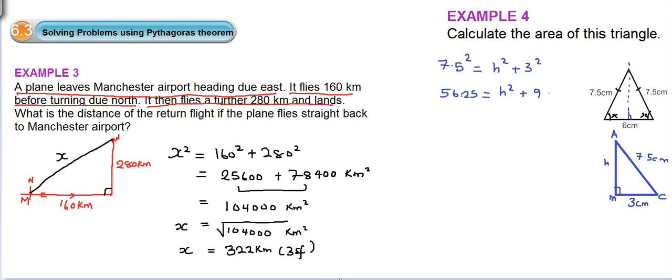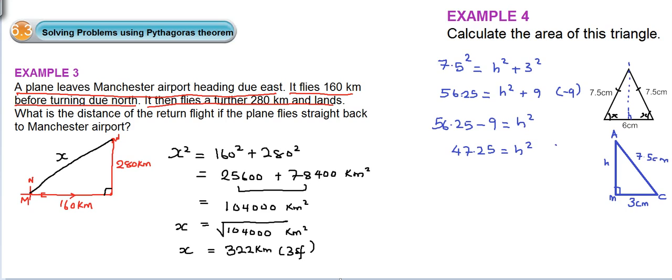Alright, let's rearrange to make h the subject of the formula. So we take 9 away from both sides. We have 56.25 take away 9 equals h squared. 56.25 take away 9 gives me 47.25 equals h squared.